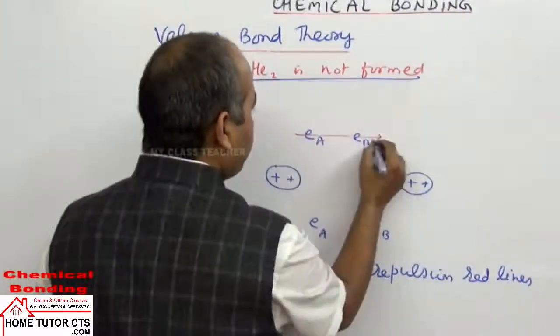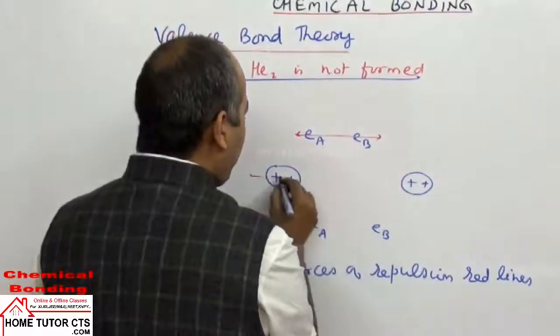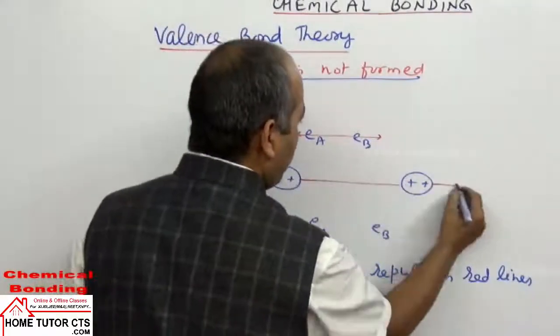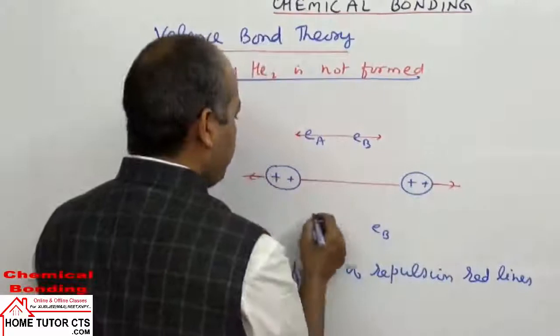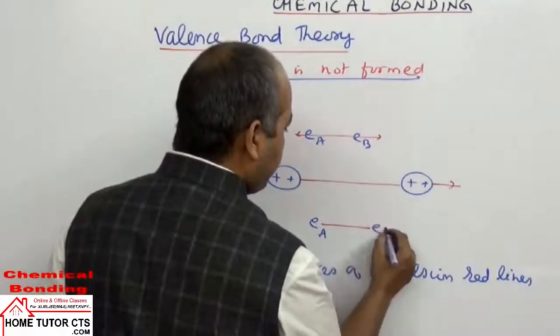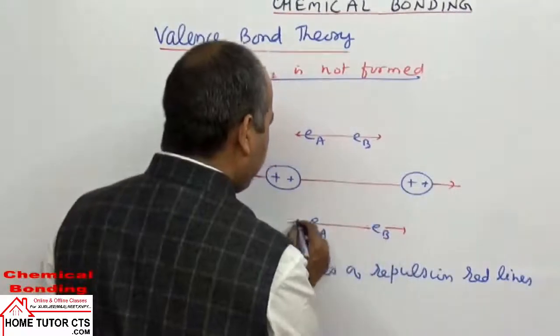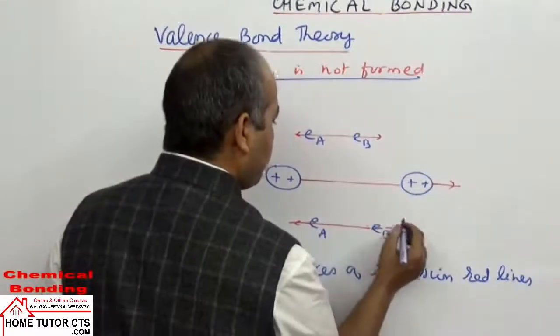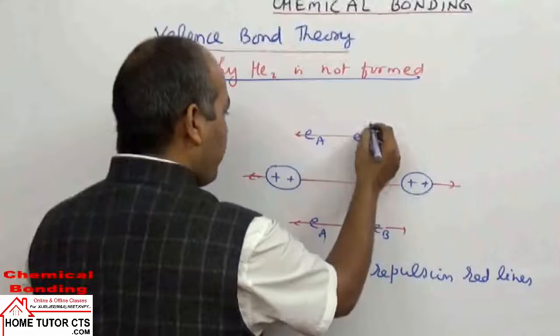Electrons will repel, nucleus will also repel of 2 atoms. These 2 electrons will repel. Electrons also repel this side here.